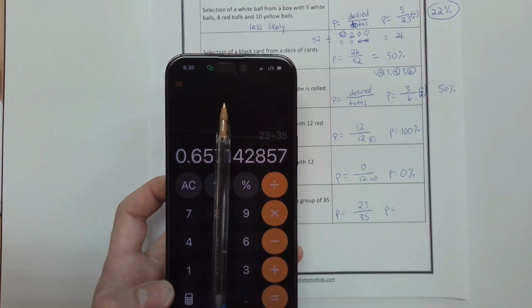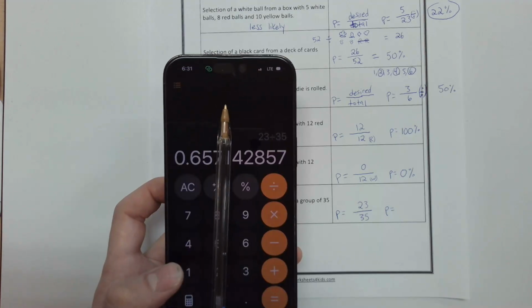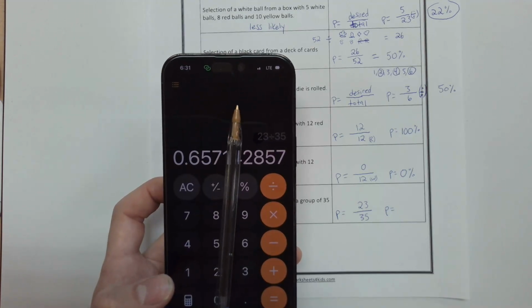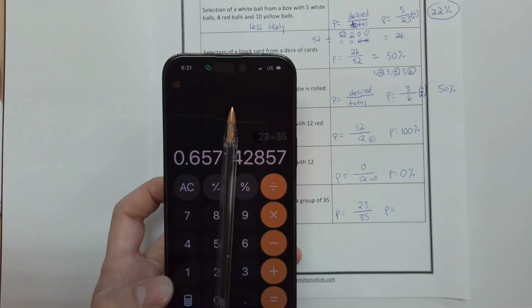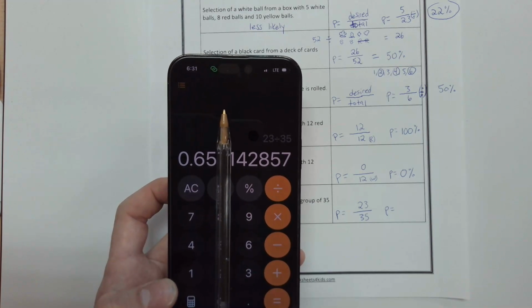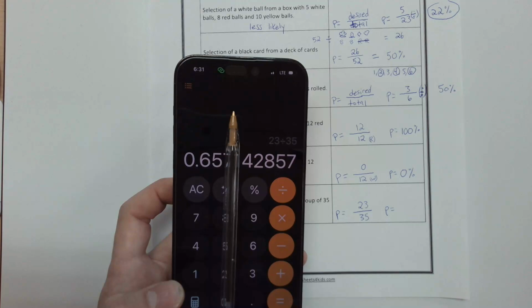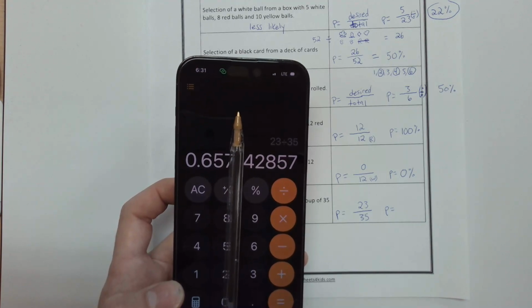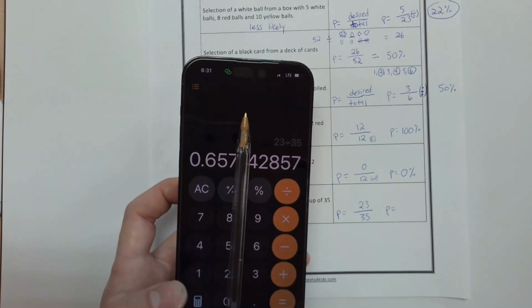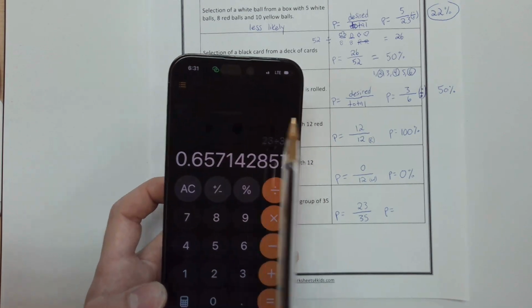Let's take a look at the third number to decide if it's going to be 65% or if it's going to be 66%. Since the third number is a 7, which is above 5, anything above a 5 is going to change our number. Anything below a 5 will not change the number. It will stay the same. So since we have a 7, which is above a 5, our answer is going to be 66%.